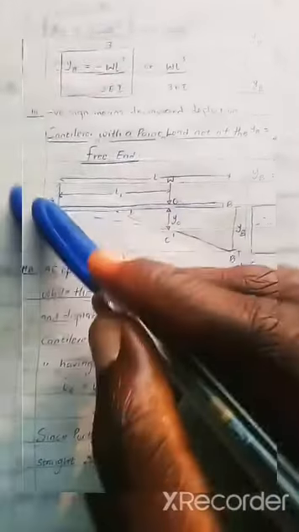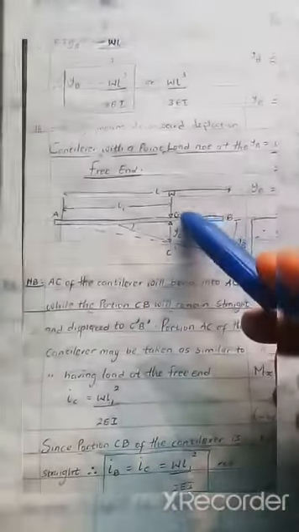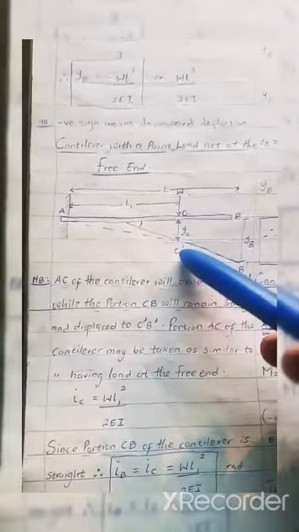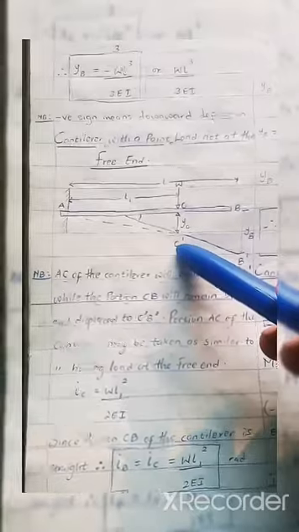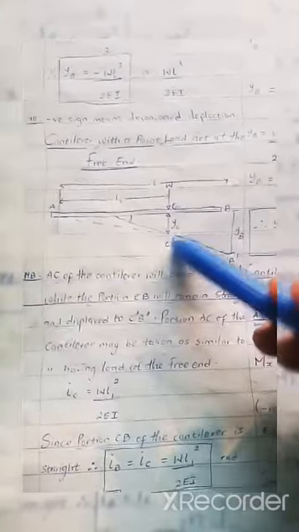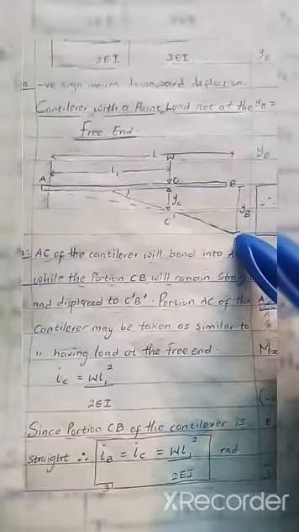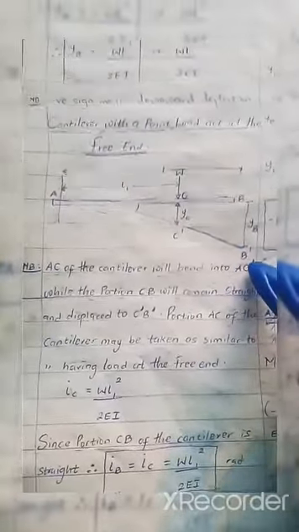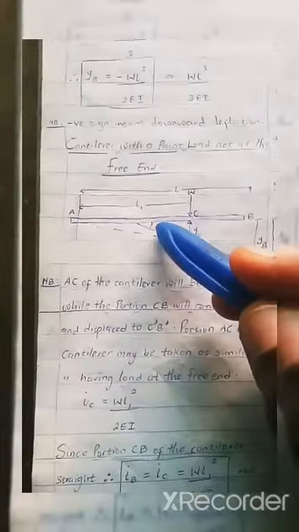So we labeled it A, C and B. When it deflects at this angle, we call this place after the deflection C prime. Then at the maximum deflection, we call it B prime. So this is the angle of the slope.